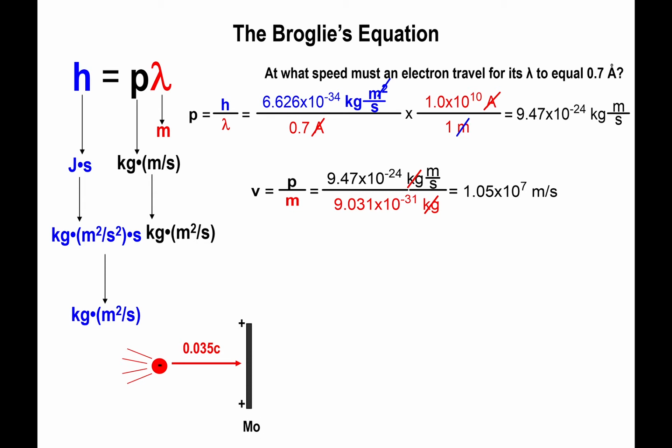That collision, which is given in terms of the momentum of the particle, gets converted to energy in wavelengths, right? And this is where de Broglie's equation comes in. So you can generate upon that collision 0.7 angstroms worth of wavelength, arising from the 1.05 times 10 to the 7 meters per second speed of the electron.